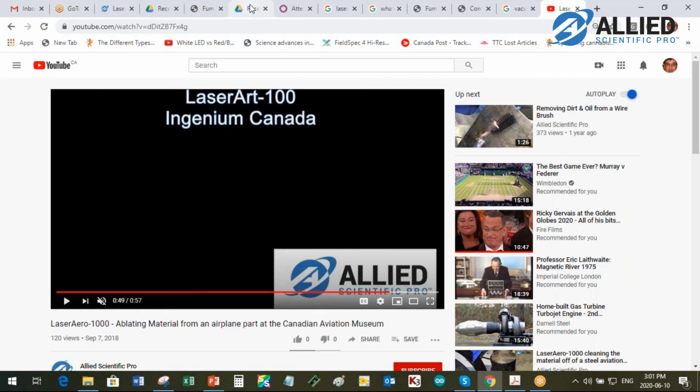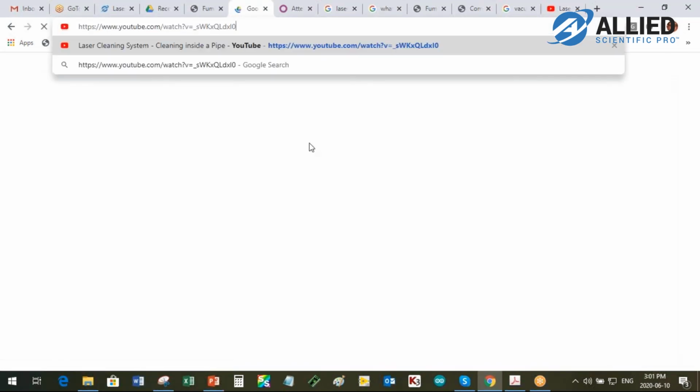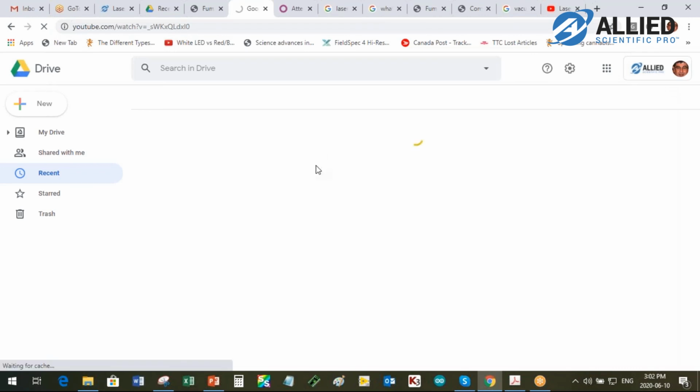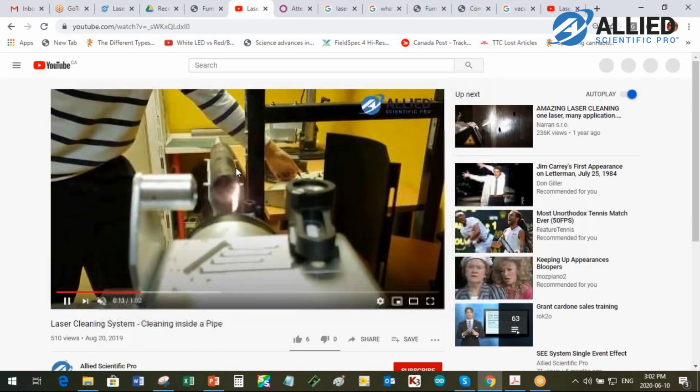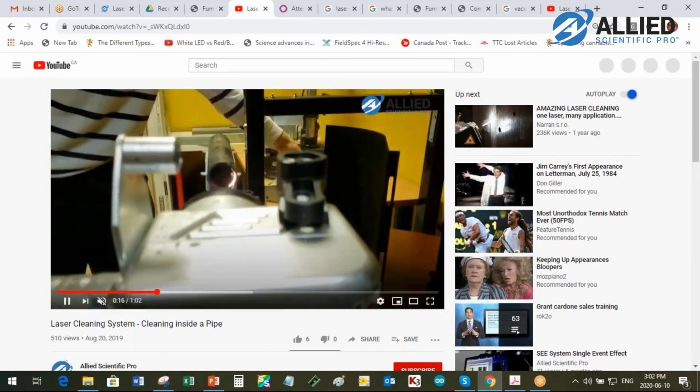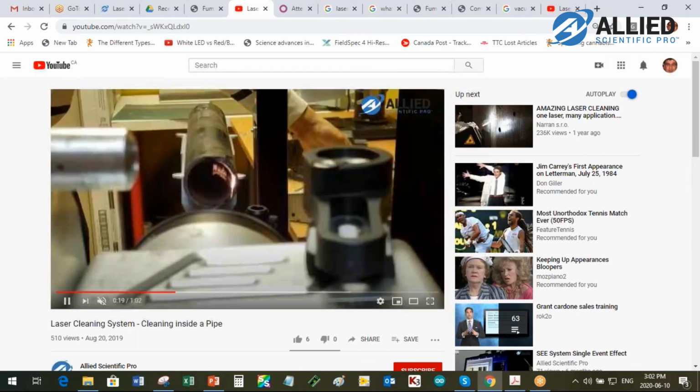And then this is the last video. This video doesn't have a sound, so you could see that the circular beam is cleaning. It's cleaning inside the pipe.